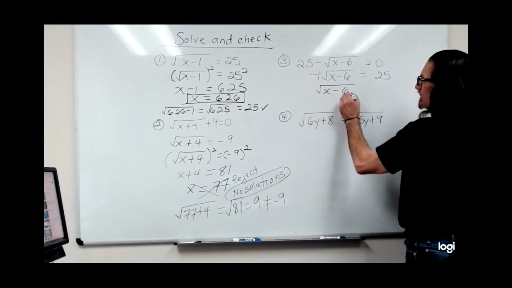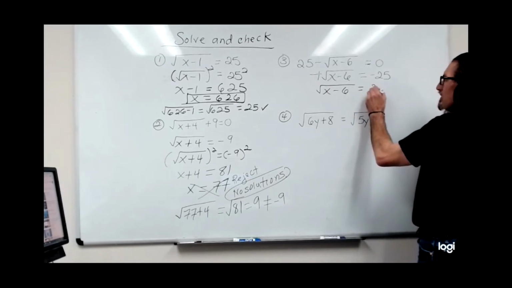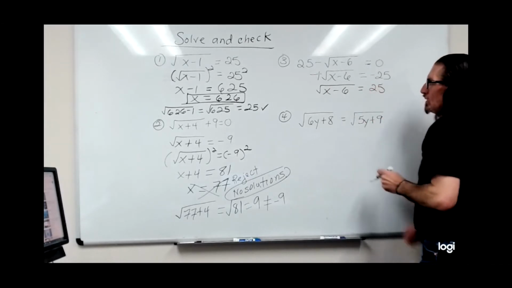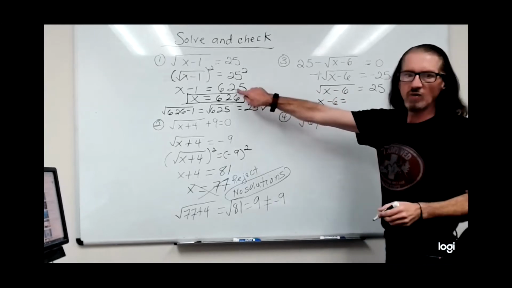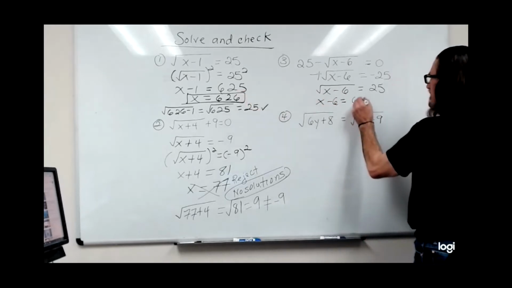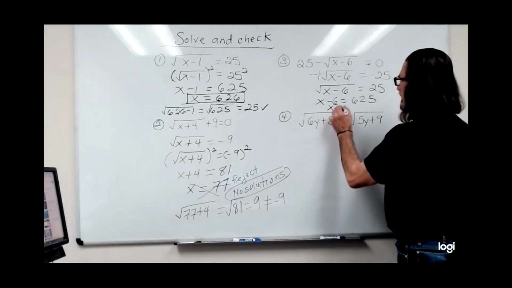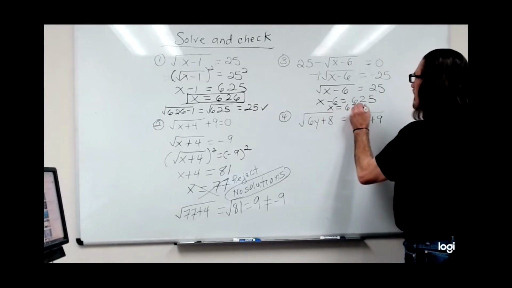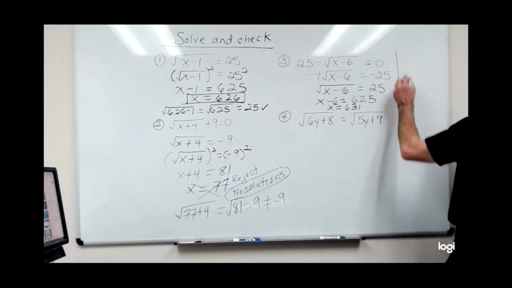We have x minus 6 under the square root equals positive 25. Square both sides is going to cancel the square root. And we already saw back here that that was 625. Add the 6 to both sides. X equals 631.